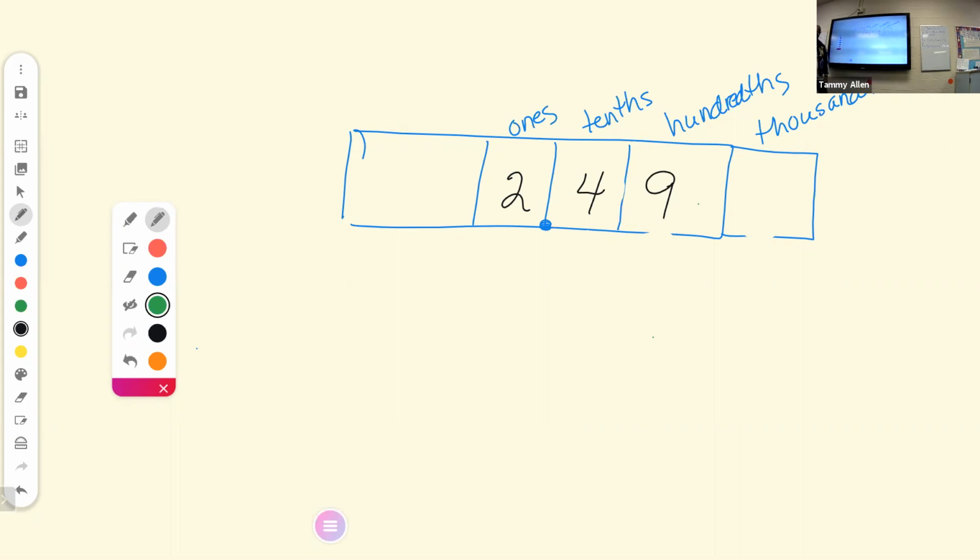It should look like that. I want you to round it to the nearest tenth. What would it look like?